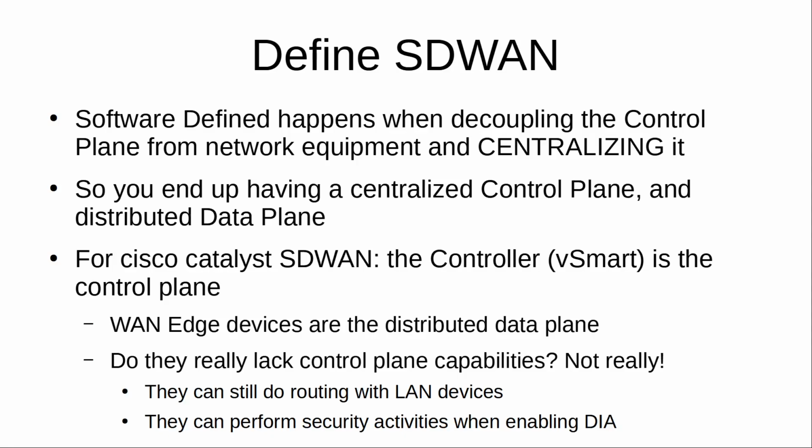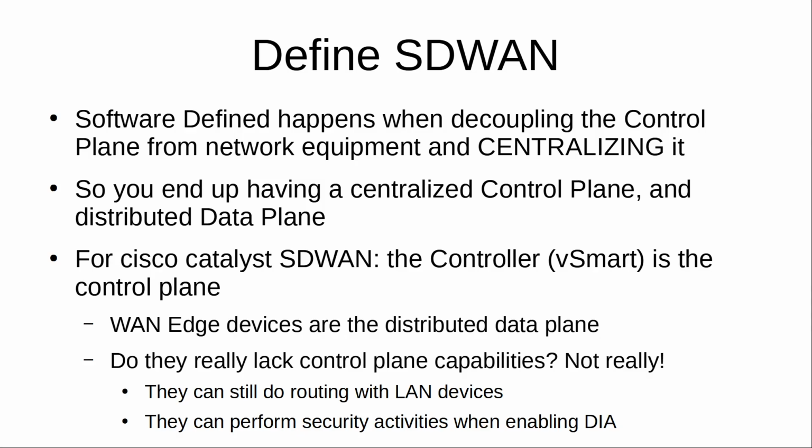Let's try to talk about some final details for the exam. When trying to define what is software-defined wide area network, remember that every time you see the term software-defined, you must think that the control plane is being removed from your hardware, from your network equipment, and it is moved into a centralized point.